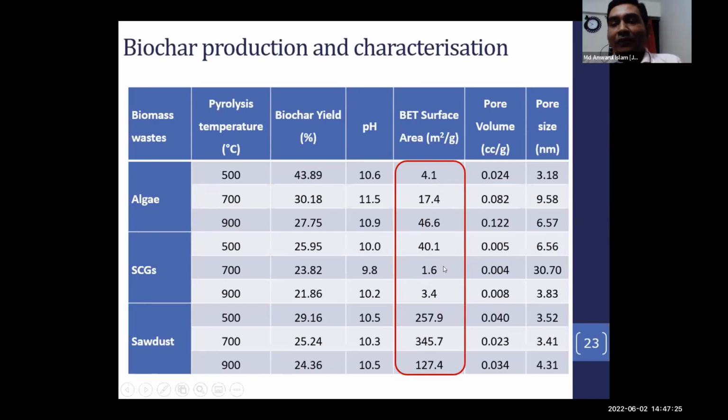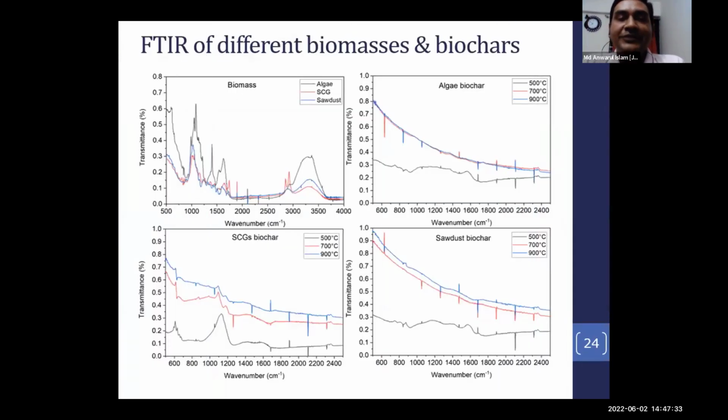But as I have already said, the surface area is not the only criterion, but also the surface functional group. So to understand the surface functional group, I did the FTIR analysis of all those three biomasses and also their biochar fraction. As you can see from the left-hand corner, the first graph indicates the different kinds of functional groups present in their biomass form.